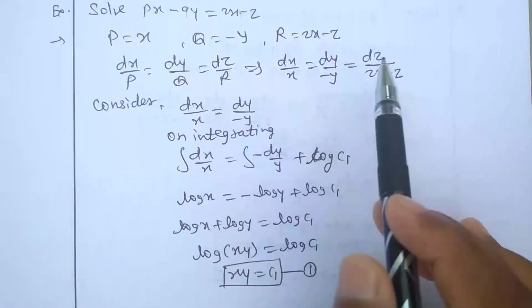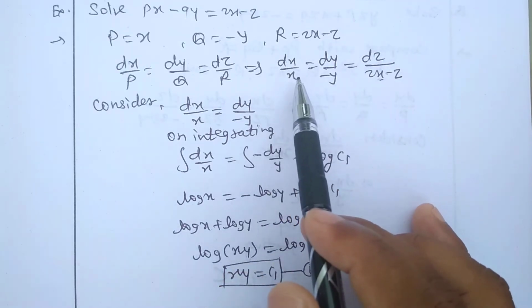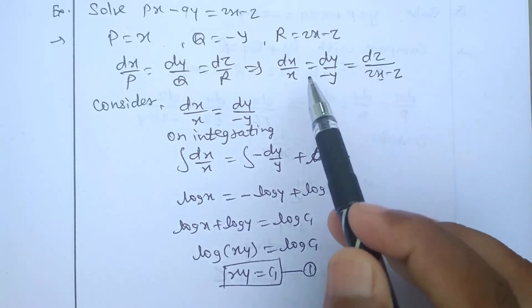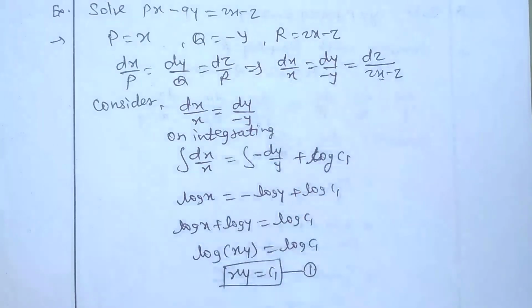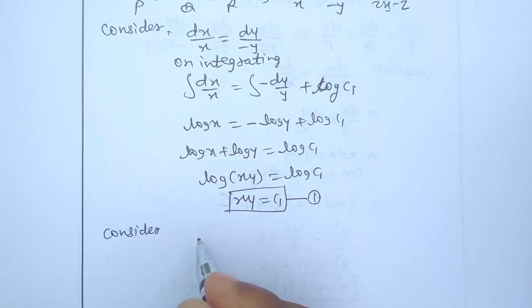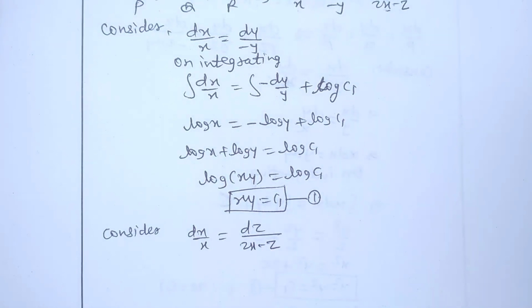Now what about first and third? Dx and dz, so dy is absent, and in the denominator here y is absent, here also y is absent, so we can use the first and third as a group. So consider the next group as the first and third, that is dx upon x is equals to dz upon 2x minus z.